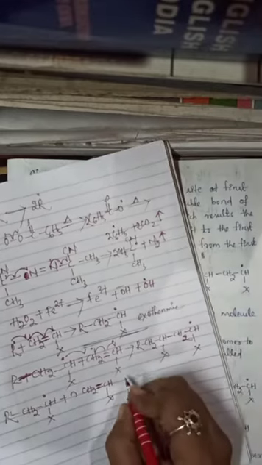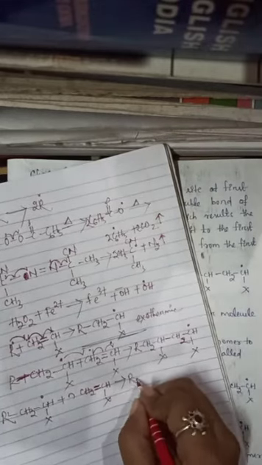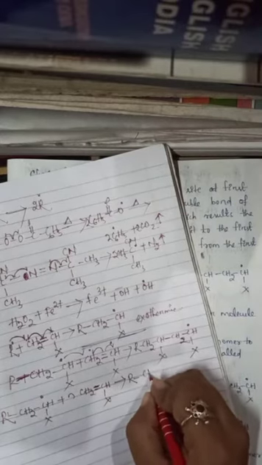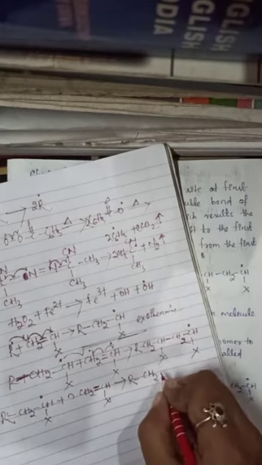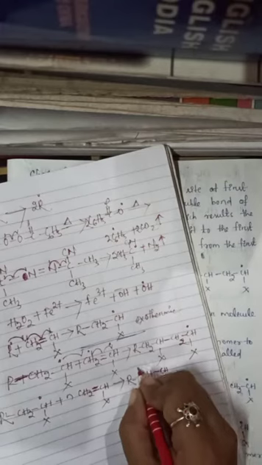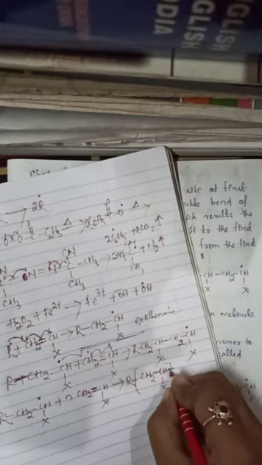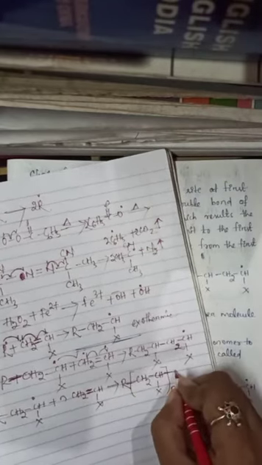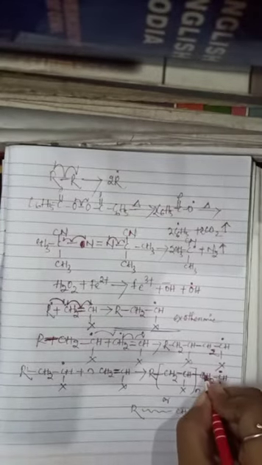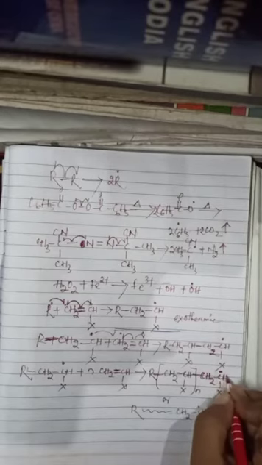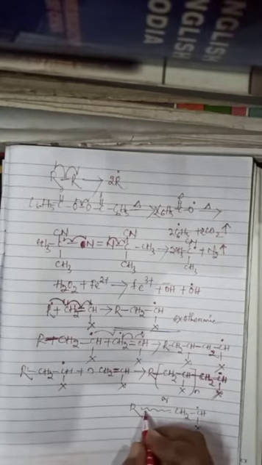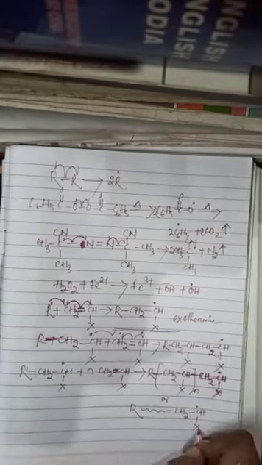Then it becomes R CH2 single bond CHX n, because it is n number of molecules, and at the end it becomes CH2 CHX radical. Then we can write it R, this is the chain, CH2 CHX.